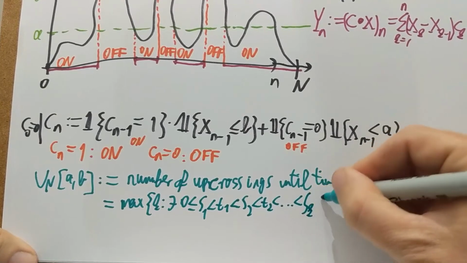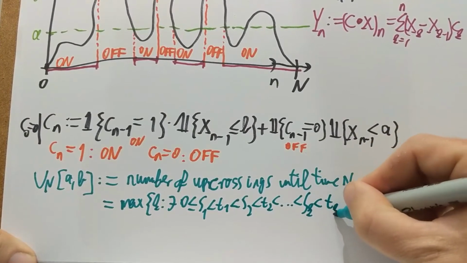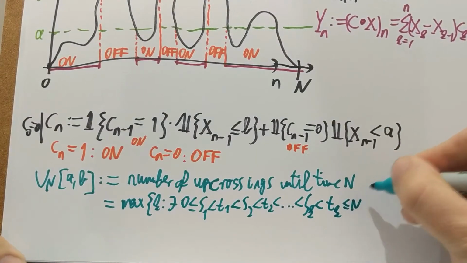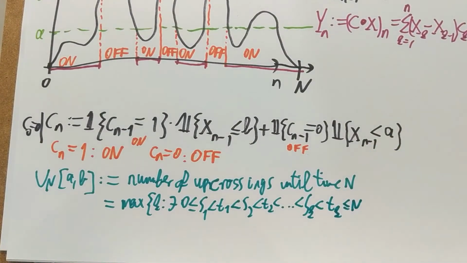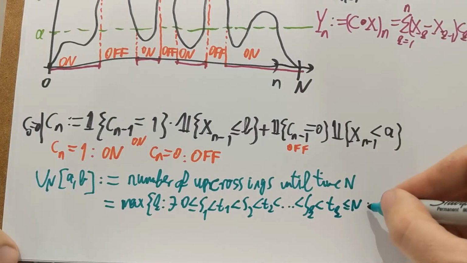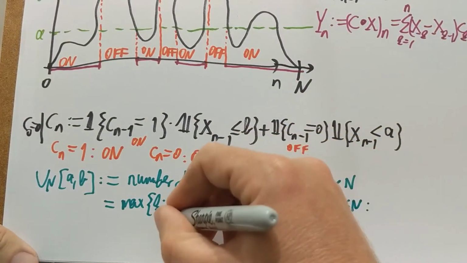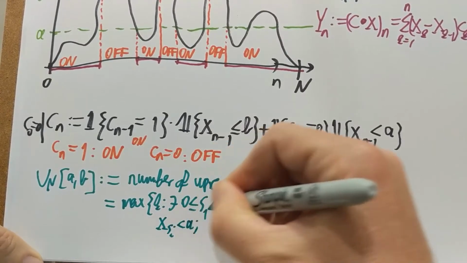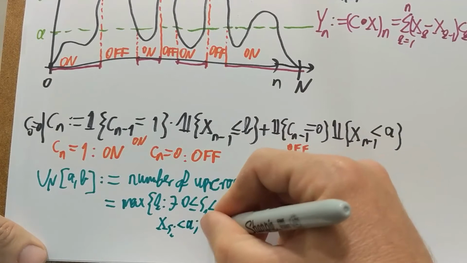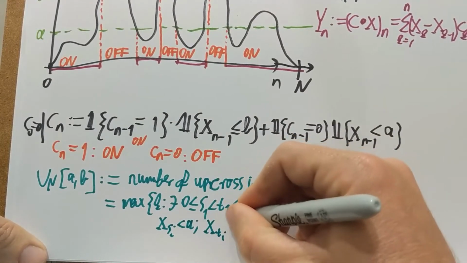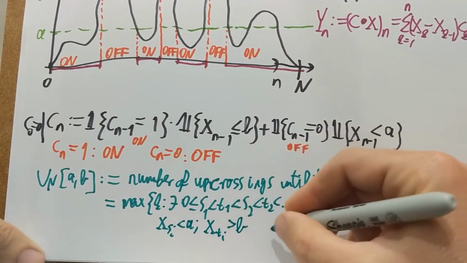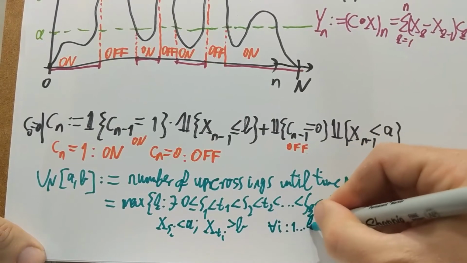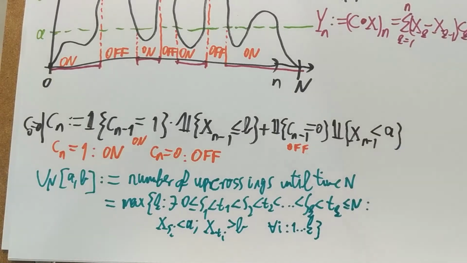So I have k of these times, all between 0 and time n, such that I have an upcrossing: x of the si's is always less than a, and x of the ti's is always larger than b, for all i from 1 through k. So it's really just capturing what I said.